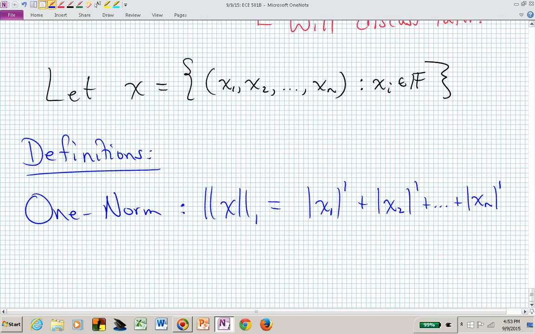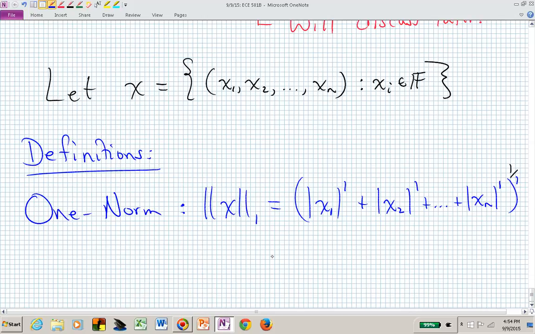And now we raise this to the 1/1 power, which is we're not doing anything to it. But in general, this would be that, where the blue one is coming from the one norm. And the 1 powers on these coordinates' magnitudes is coming from the one norm.